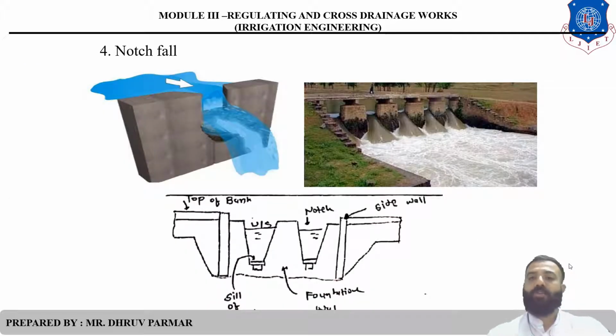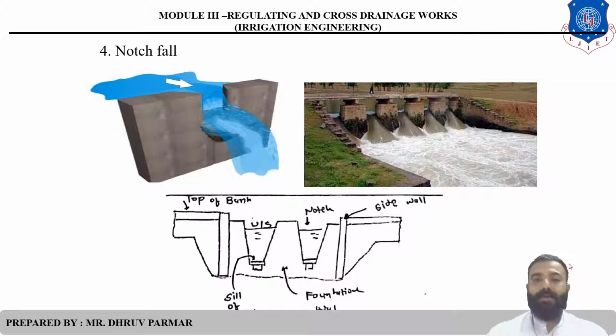Then the next one, notch fall. In notch fall, the flow area is diverted or converted into a trapezoidal notch. That notch can reduce the energy of flow and reduce the velocity of flow.